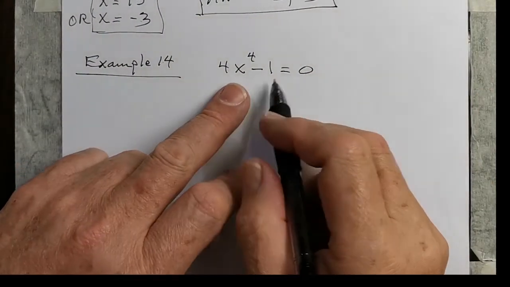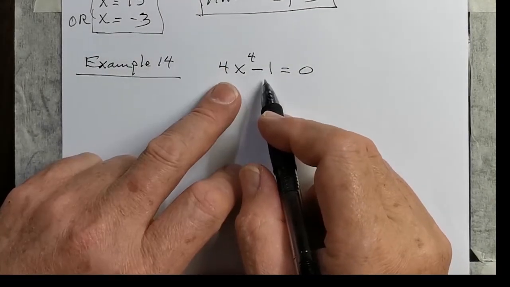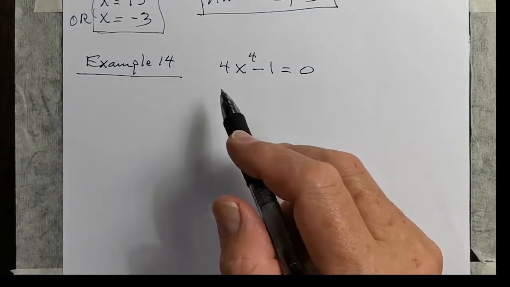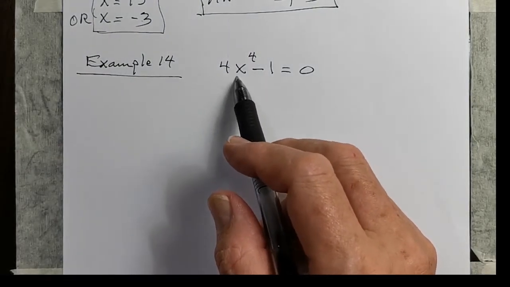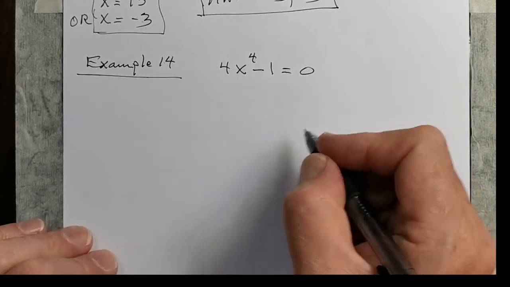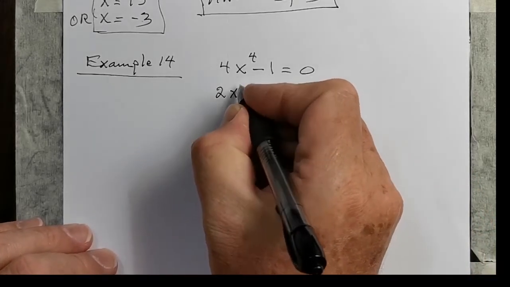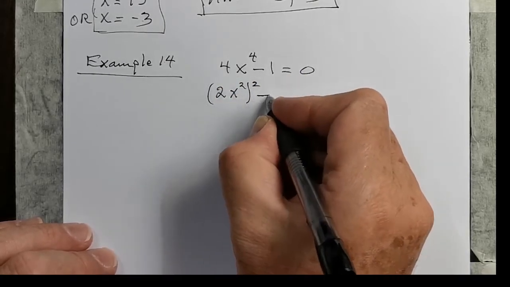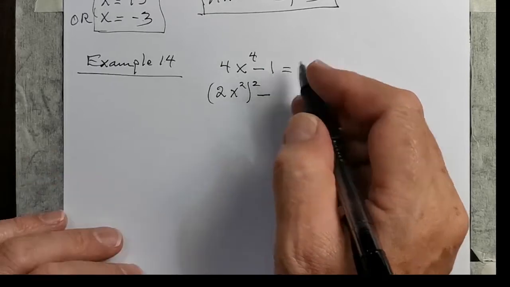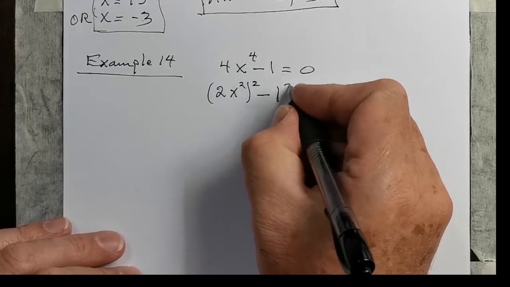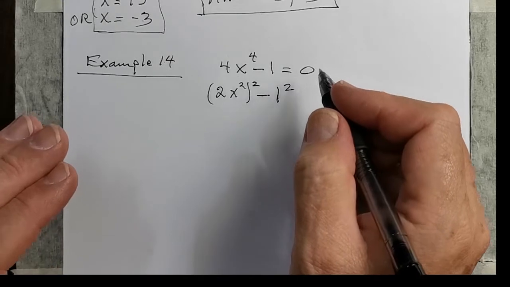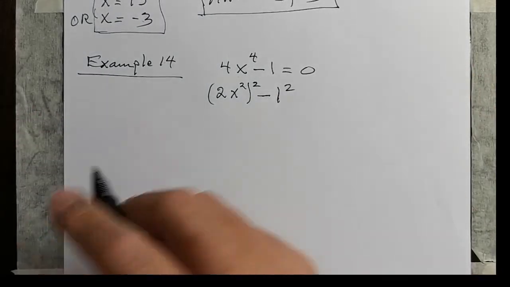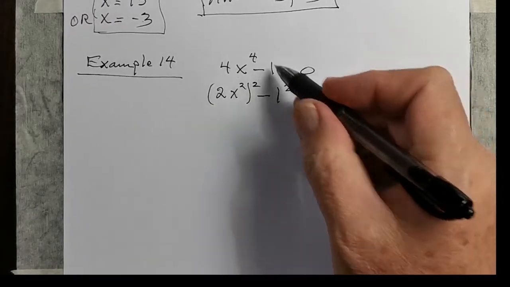Notice that this can be written as the difference of two squares. What's the square root of 4x to the fourth? Well, the square root of 4 is 2. The square root of x to the fourth is x squared. So this will be 2x squared, quantity squared, minus, and 1 can be written as 1 squared. 1 squared is 1.